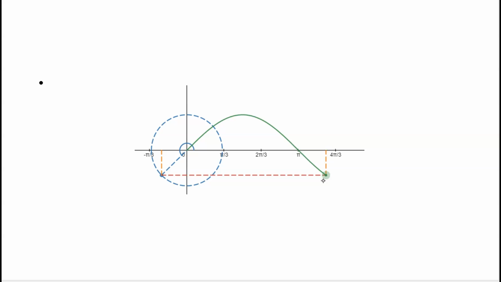So if we look at this, this is a sine curve. And what I've captured here is my angle is something a little bit less than 4 pi over 3.